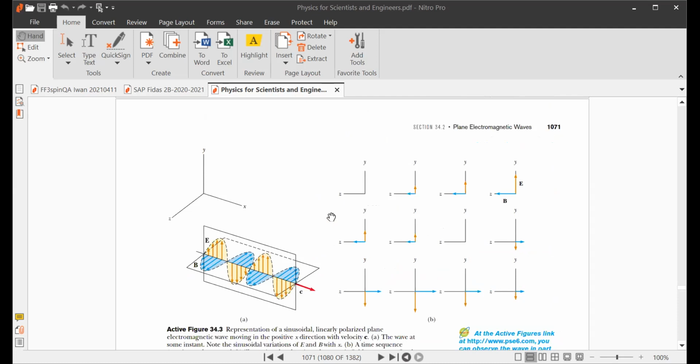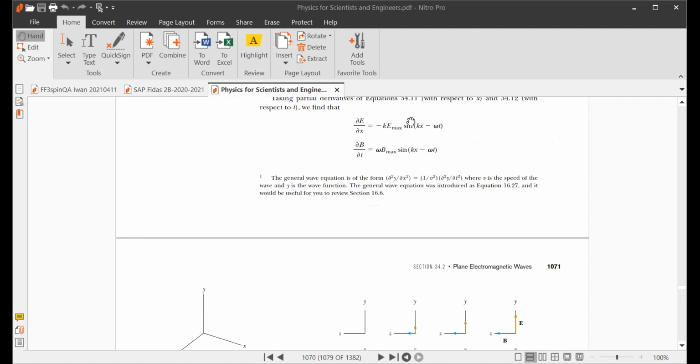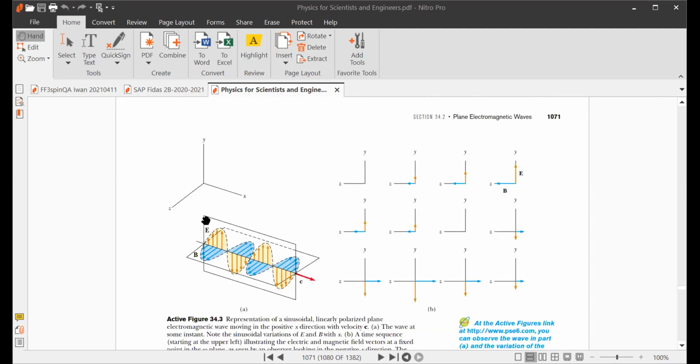So we get, for example, this picture. From the function, we knew that this electromagnetic wave propagates along the x-axis.